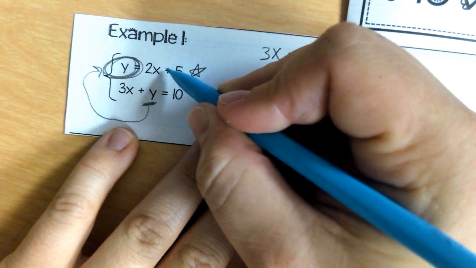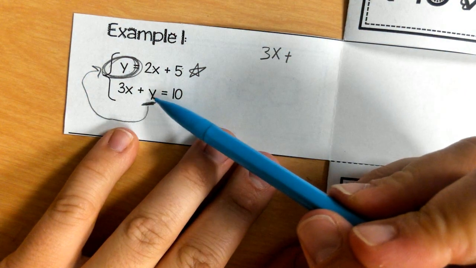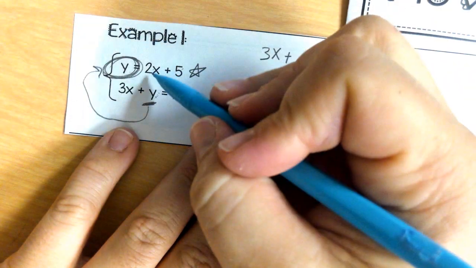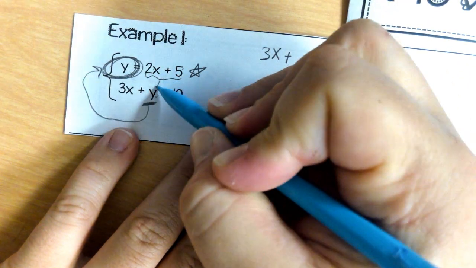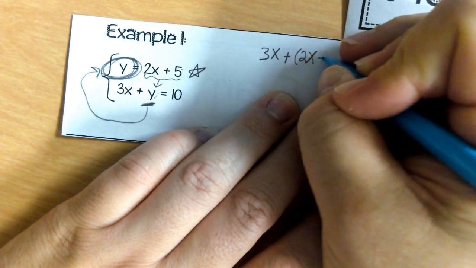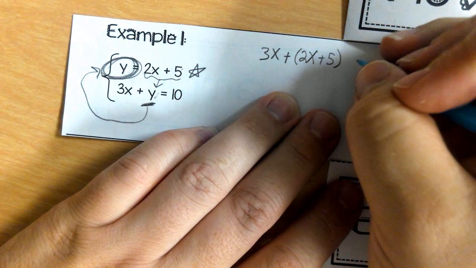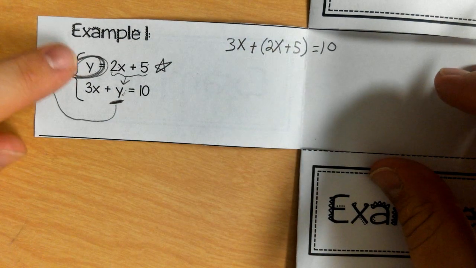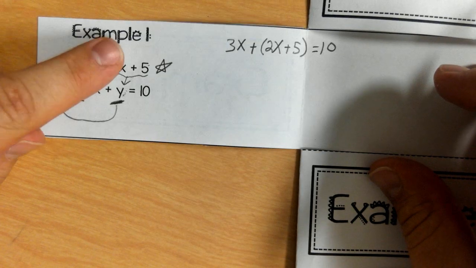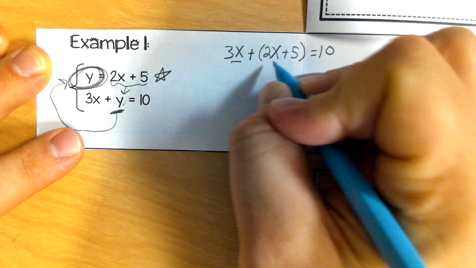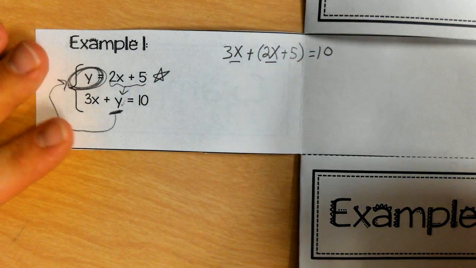Well, y equals 2x plus 5. I'm just going to plug that in for y: 3x plus 2x plus 5 equals 10. Now I have an expression with all the same variable.